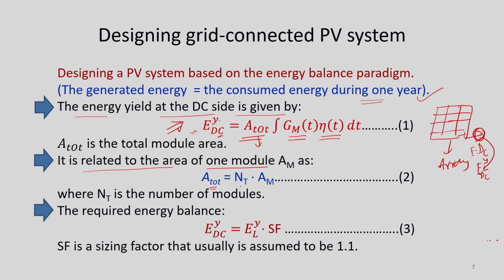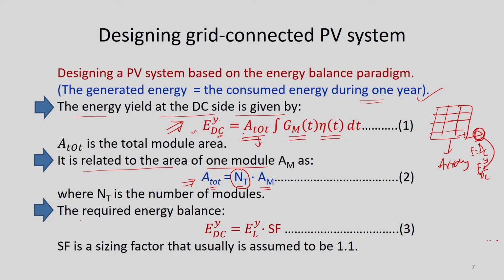So, A total will be NT multiplied by AM. What is NT? NT is the number of modules in that particular array. Okay. Once we know this information, then we can use this A total and apply it here and we can calculate E DC Y, or yearly energy yield in the DC side, right.